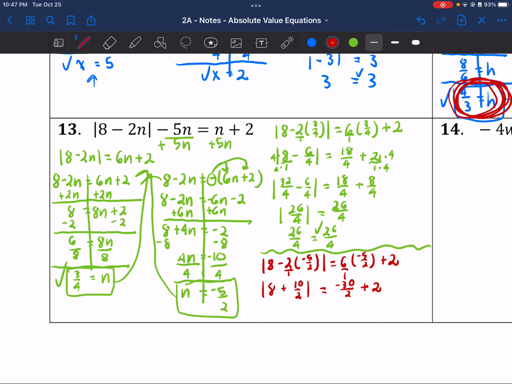Now I get 10 over 2 is just 5, so we get 8 plus 5 is equal to negative 30 over 2 just gives me negative 15. So negative 15 plus 2. 8 plus 5 is going to be 13.